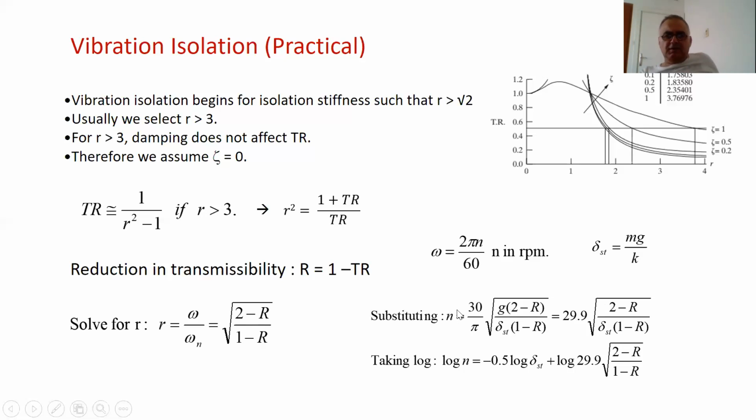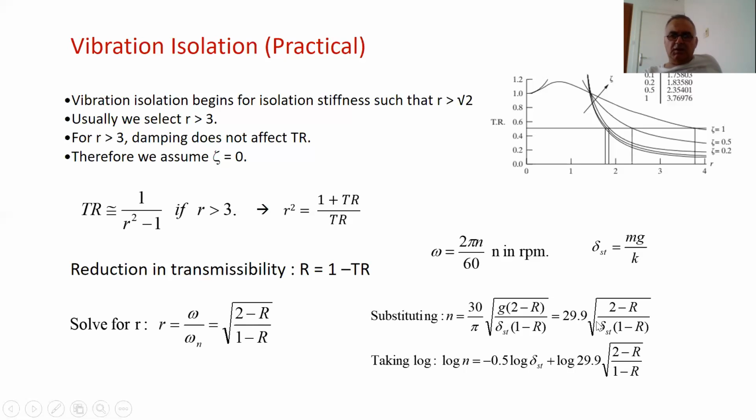Now, this equation is actually a design equation. From here, for a given value of omega, you can find delta static, and from the delta static you can find the value of k. But you can also derive a chart from it.